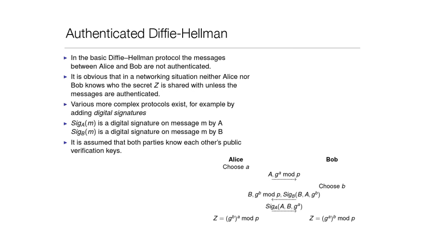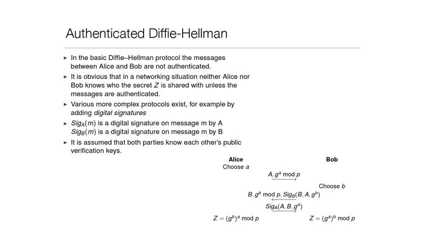So it is obvious that in a networking situation, neither Alice nor Bob knows who the secret Z is shared with unless the message is authenticated. Anybody can say, I'm Alice, I'm sending this to you. Bob doesn't have any mechanism to verify whether this is coming exactly from Alice or somebody else.